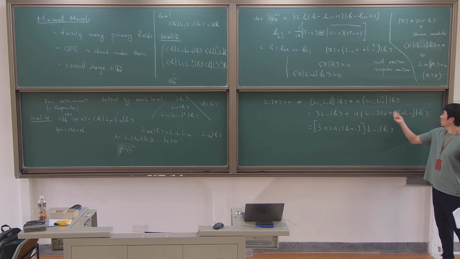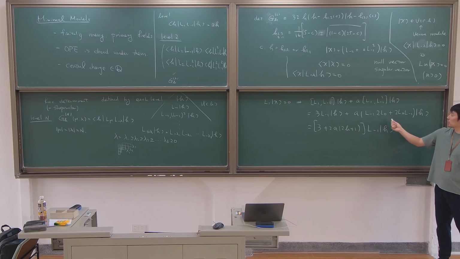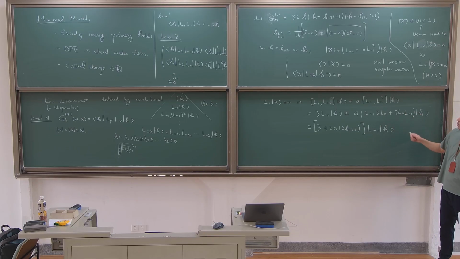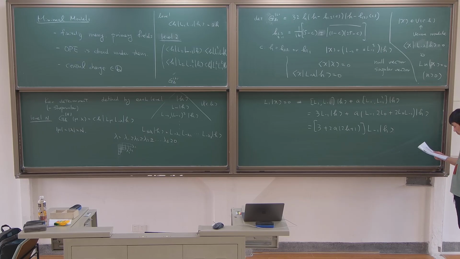From here, 2 L_0 will give you 2h, and L_0 acting on L_{-1}|h> is 2h plus 1.